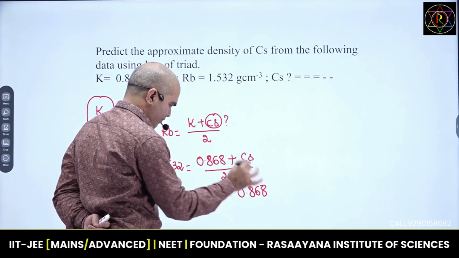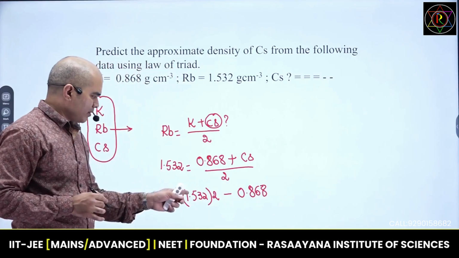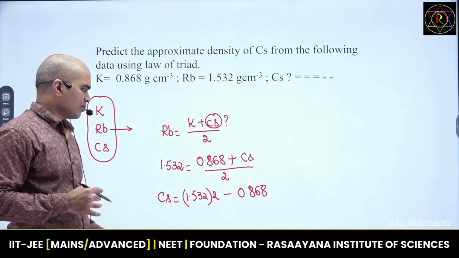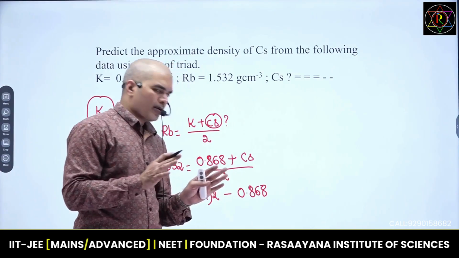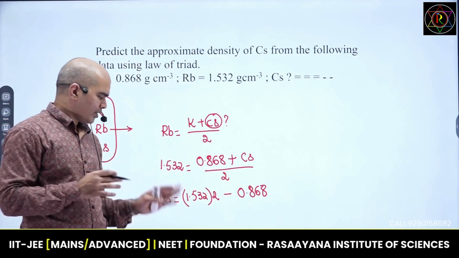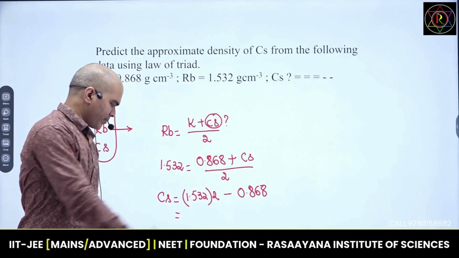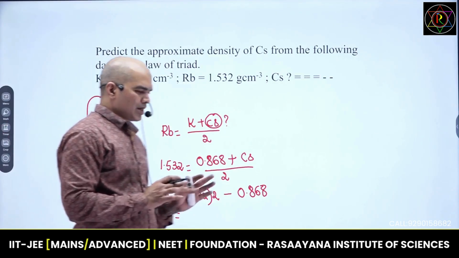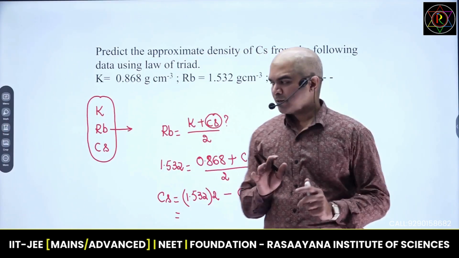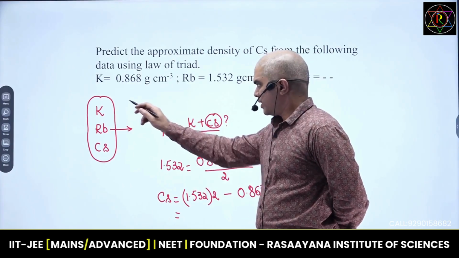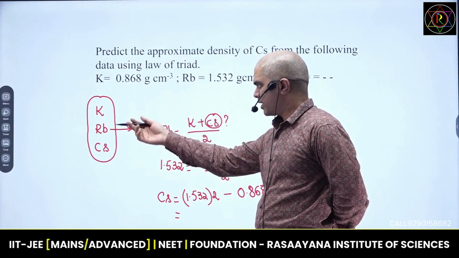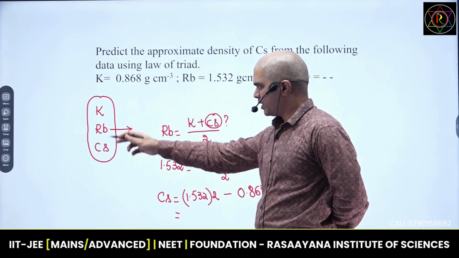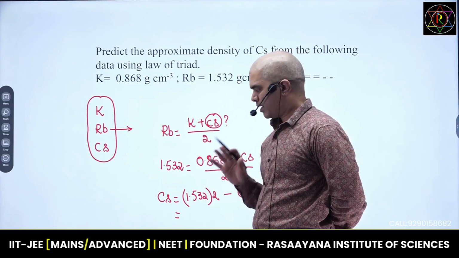So this is approximately 1.5 into 2, which is anywhere around 3, above 3, minus 0.8, so it will be close to 2 point something. That will be your answer. This is how the questions can be asked. This is based on the law of triads. The atomic mass or the density of the central atom is the average of the first and the last element of a taken triad.